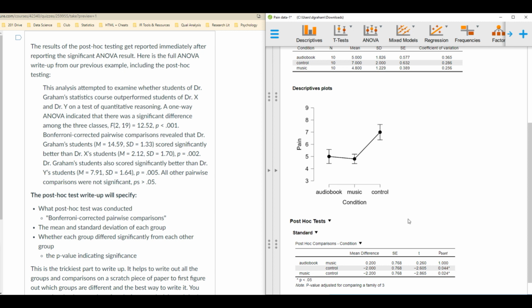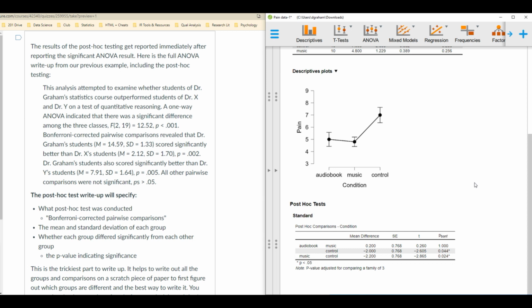There's less than a 5% chance we would see this big of a difference between pain ratings of children who listen to music and pain ratings of children who don't listen to anything if music was having no effect. Like if it was truly having no effect, the chances of seeing this big of a difference is about 2.5%. It's below our 5% value that we've set.